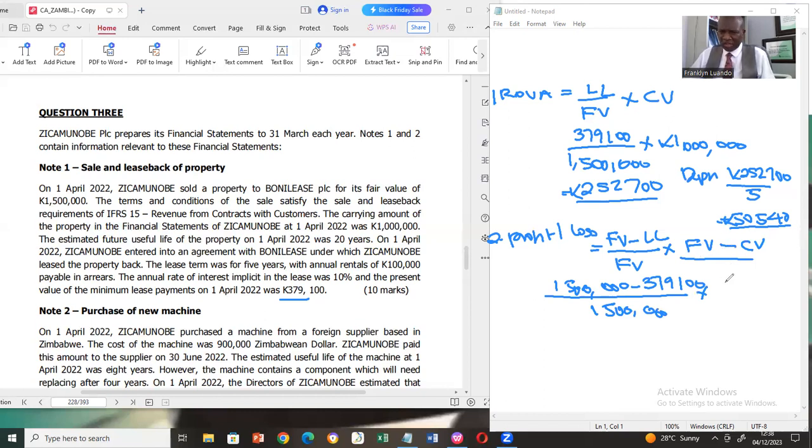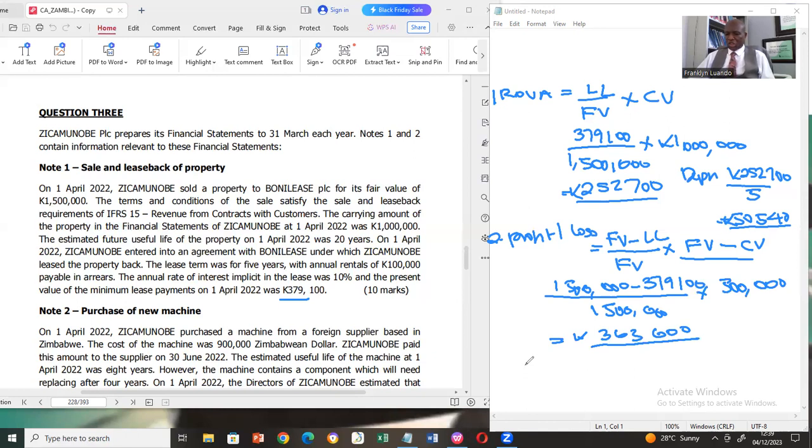Therefore, the profit was 500,000. That is the total profit for the whole asset, but we didn't sell all of it, only a proportion. So here the profit, rounded off, is 374,600. This will be the profit to be recognized.